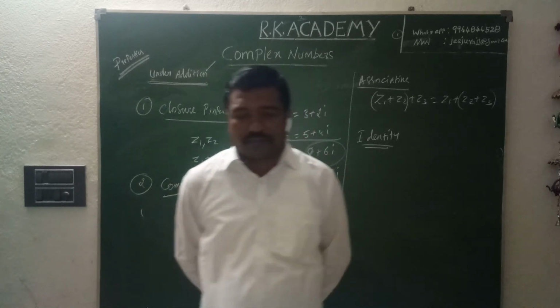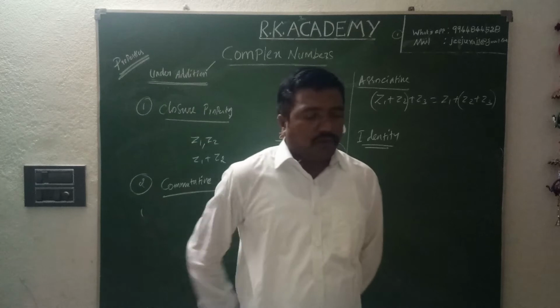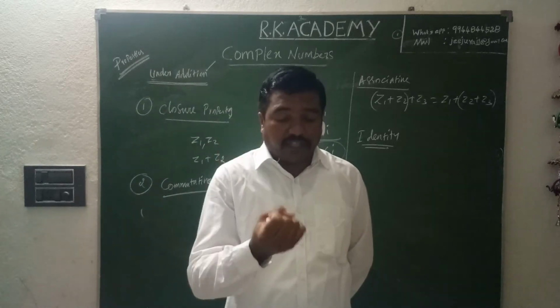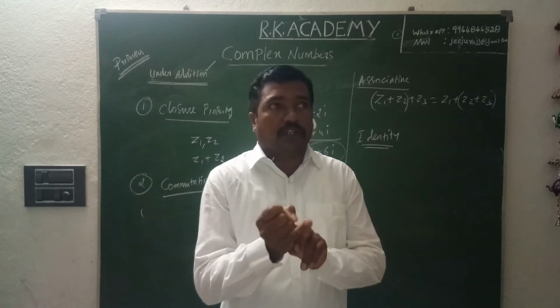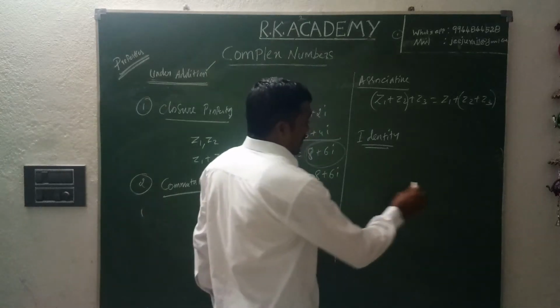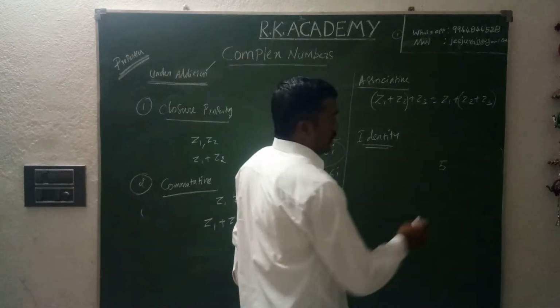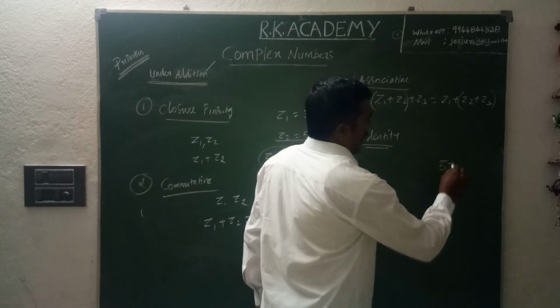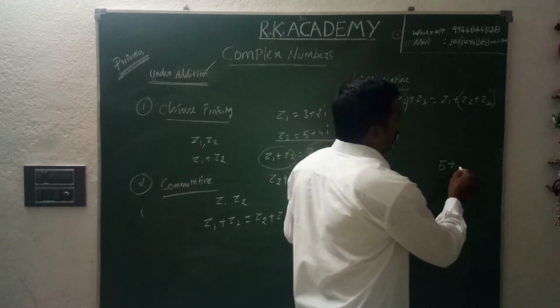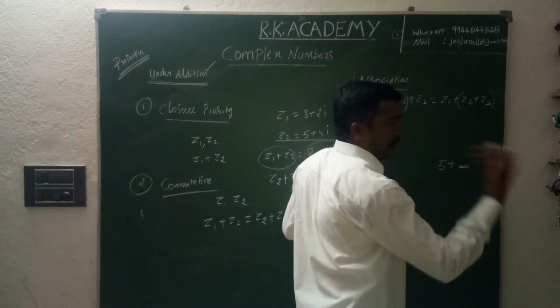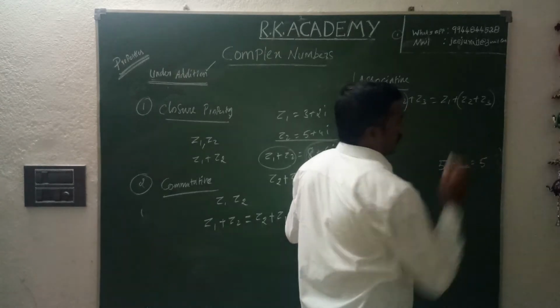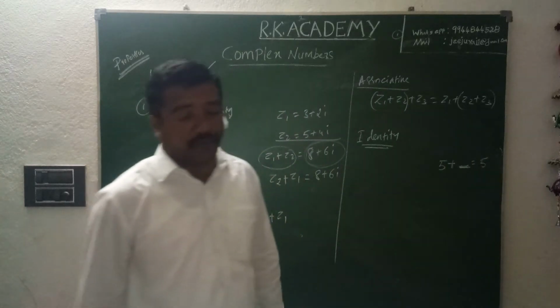There are both things. What is the addition identity? Listen, now I am taking some number, adding the number to any number is equal to 5. Again it will be repeated as 5.